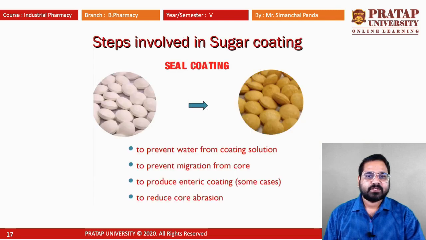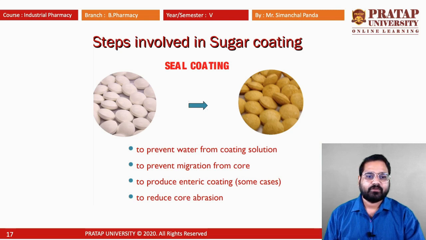The first step is the seal coating. As shown, in order to prevent water from the coating solution, generally if you are making the sugar coating, it has a base which is generally a water soluble base. So if that water gets absorbed by the active ingredient, that is the core material, it may soften the tablet. Along with it, it may lead to degradation of different active ingredients, it may go for oxidation reduction.